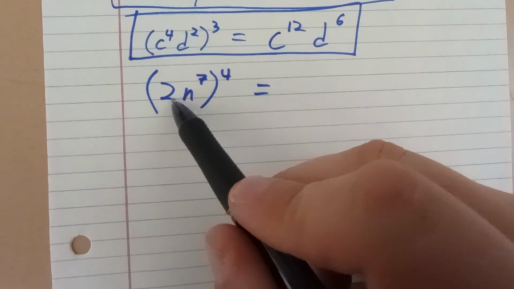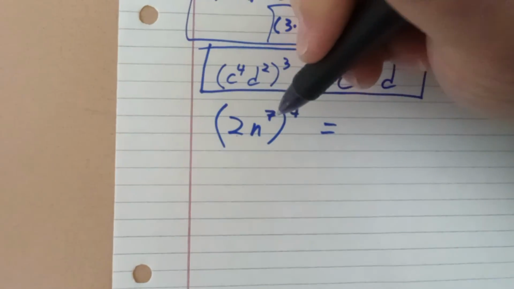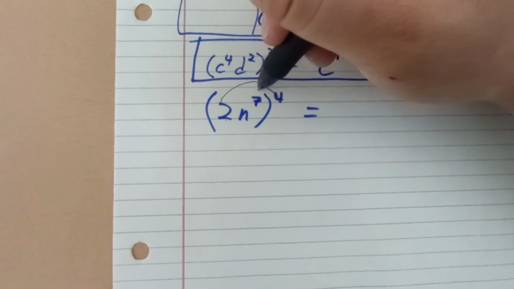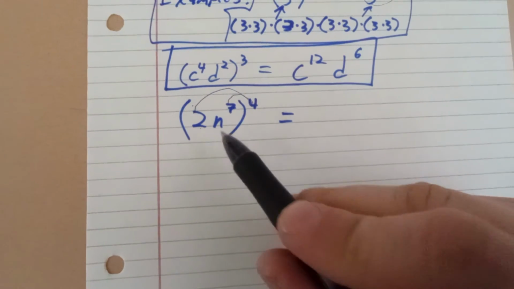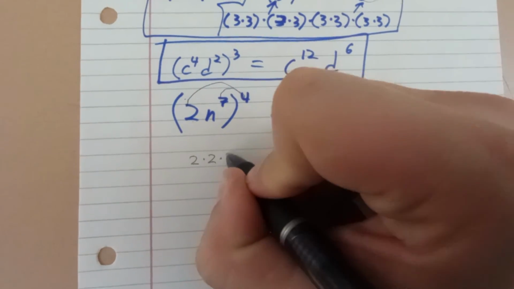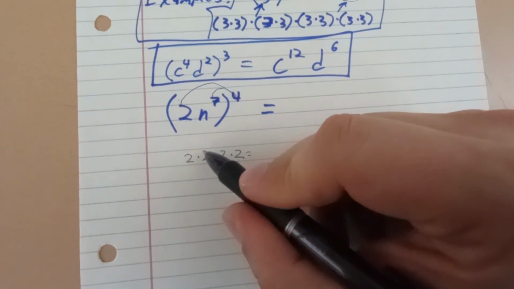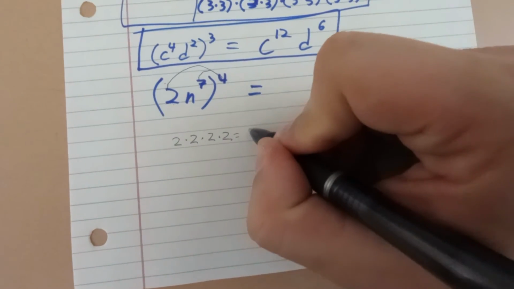Lastly, when we have our coefficients, what we're doing is we're going to distribute this 4 inside, so that way it gets applied both to my exponent and to my coefficient. So 2 to the fourth power, that would be 2 times 2 times 2 times 2. So 2 times 2 is 4, times 2 is 8, times 2 is 16.